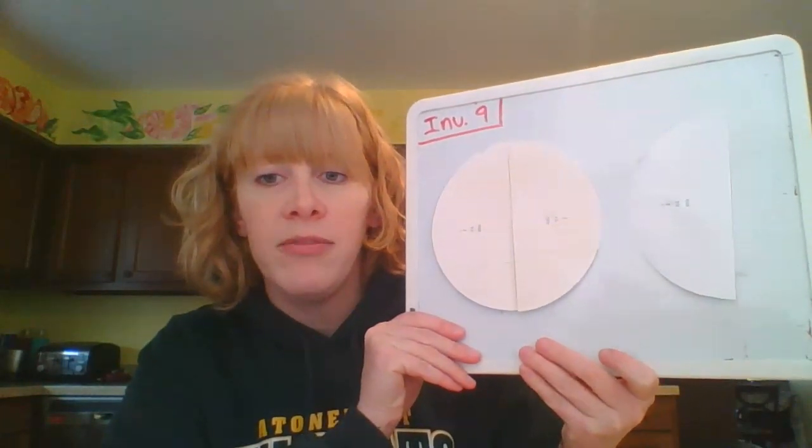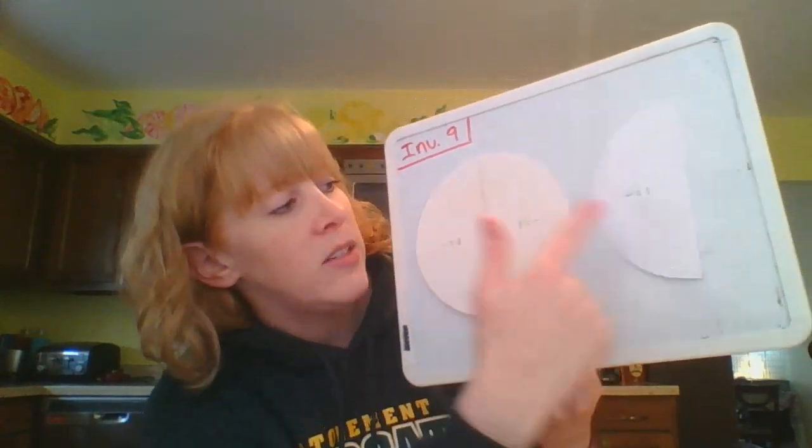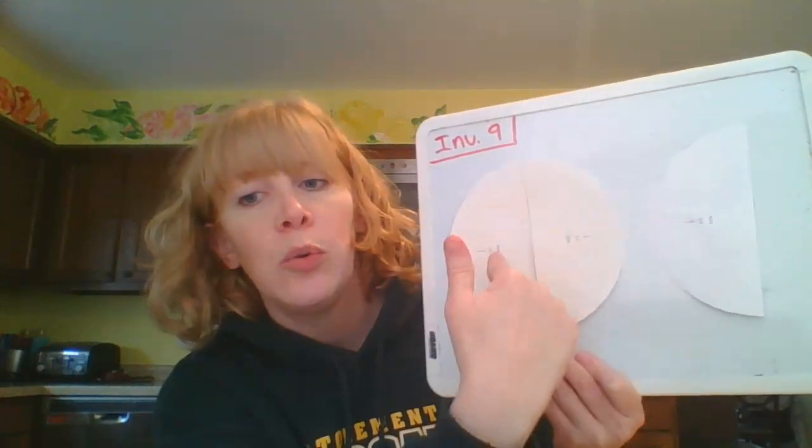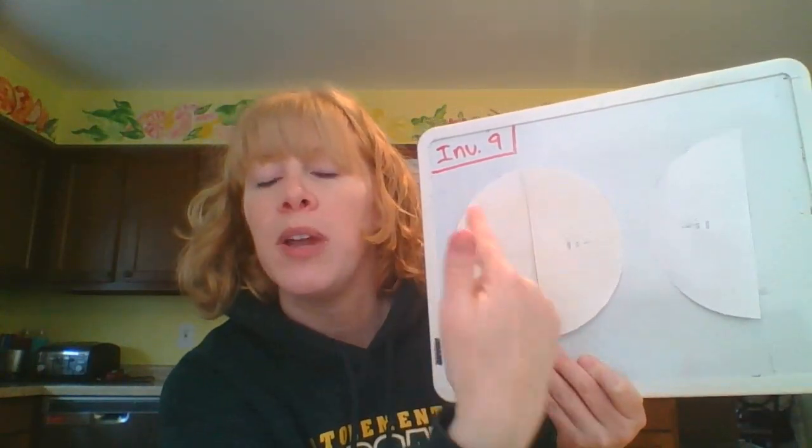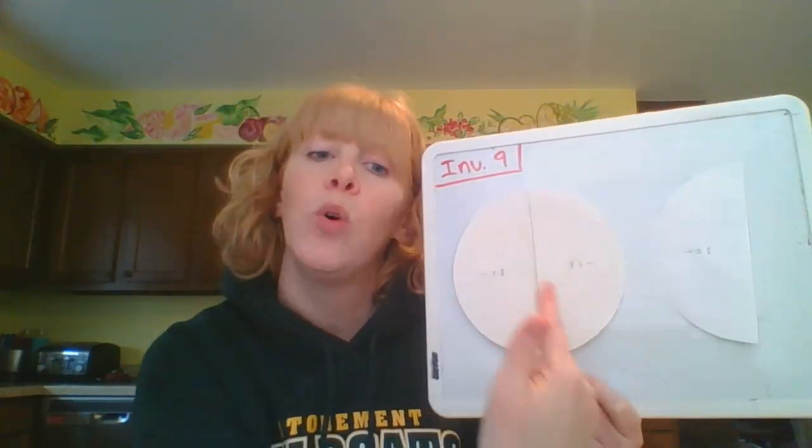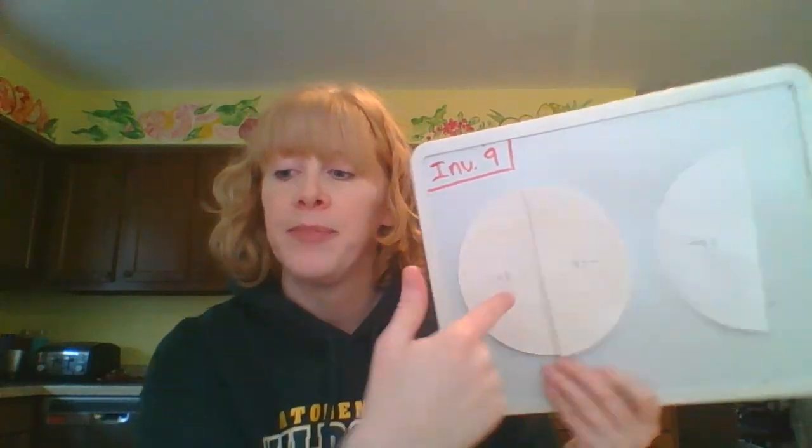So I'm going to add an additional half to that. Get my sticky tack. I have 1 and 1/2. How many halves is that? 1, 2, 3. So 3 halves equal 1 and 1/2.